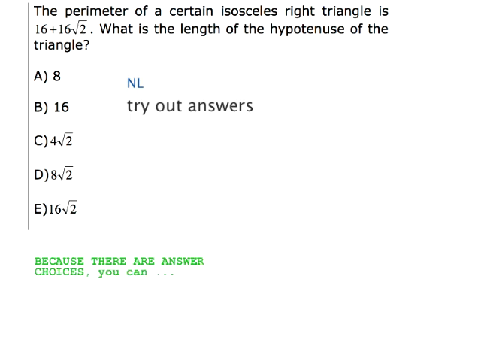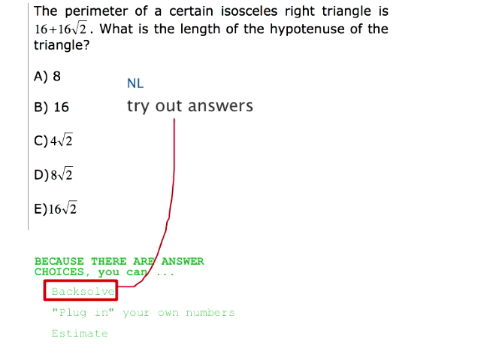Not all on this problem, but in general, in multiple choice, you can back solve, which means start from the answer choices and just see what you can do. You can sometimes plug in your own numbers. You can estimate. You can do all kinds of stuff. Here, we can back solve this. Back solve means just throw in a choice, see what it does, and then go from there.